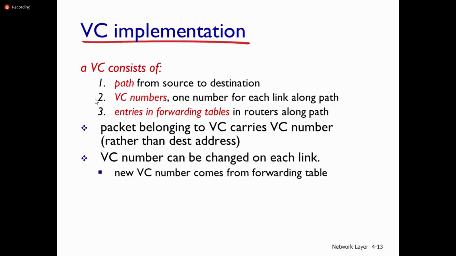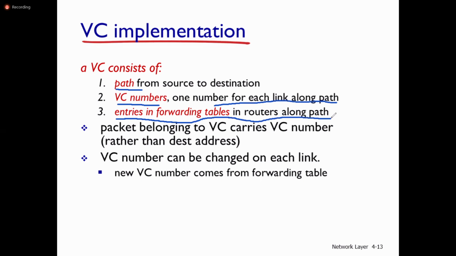Looking at virtual circuit implementation, each virtual circuit consists of a path from source to destination, then virtual circuit numbers, one number for each link along the path. There are many links in the network from source to destination, so one number is allotted for every link along the path. Then there are entries in the forwarding tables in routers along the path.